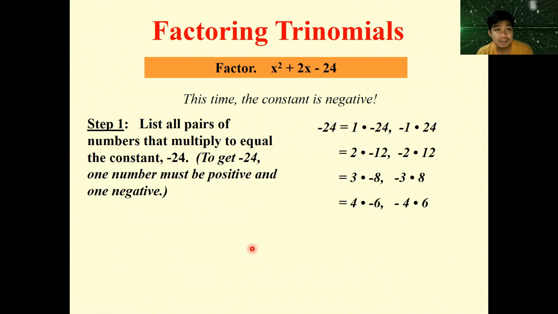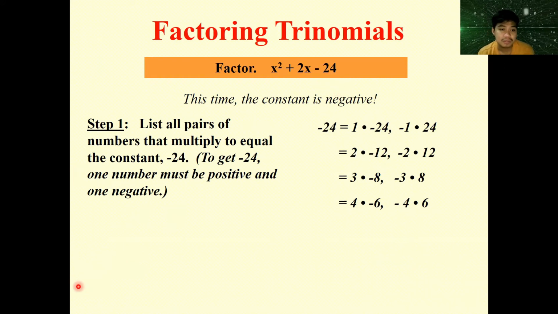So list all the possible combinations na kapag pinag-multiply natin is negative 24. So we have here 1 and negative 24, negative 1 and 24, 2 and negative 12, negative 2 and 12, 3 and negative 8, negative 3 and 8, 4 and negative 6, and negative 4 and 6. Ito yung mga list ng pares na kapag pinag-multiply natin, ang sagot is negative 24.